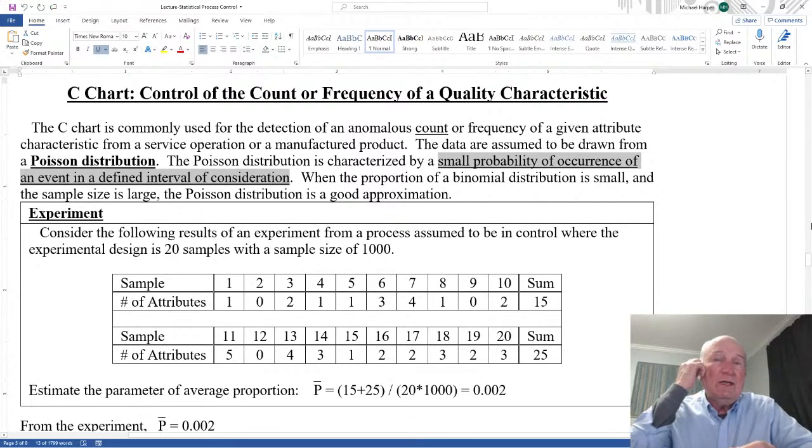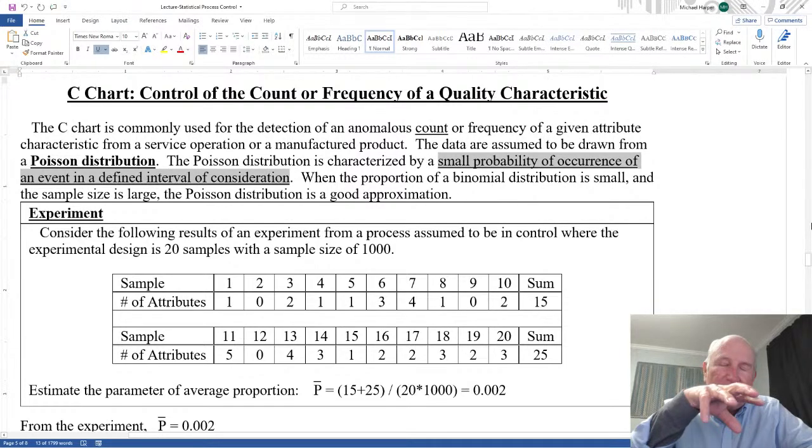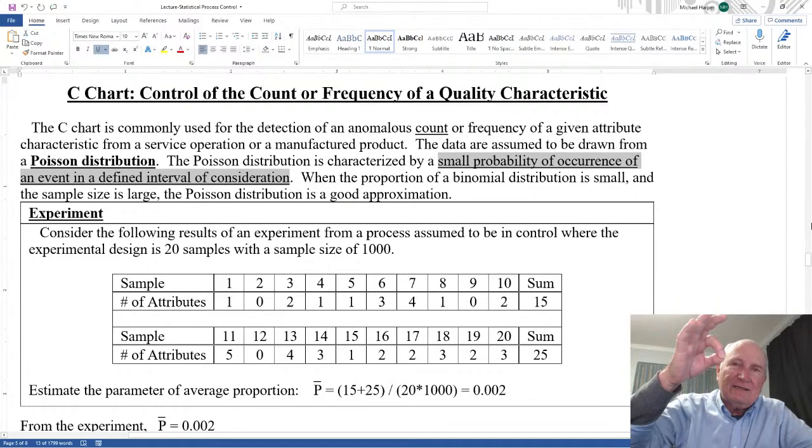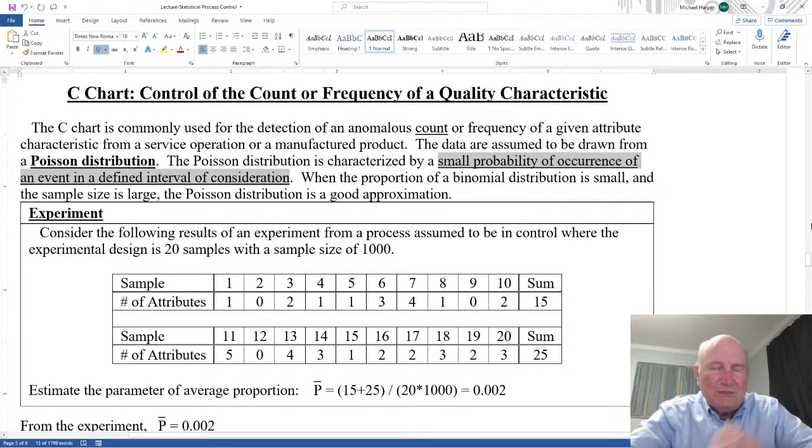Or if you have a nuclear power plant, what's the probability that a meteor will hit it enough times that it could damage it? Very small probability, but by the way, we do have meteors all the time. That's not uncommon. We have meteor showers and meteors all the time, and a lot of them don't hit the ground, but some of them do. And so we had to look at those probabilities back in the geoscience area.